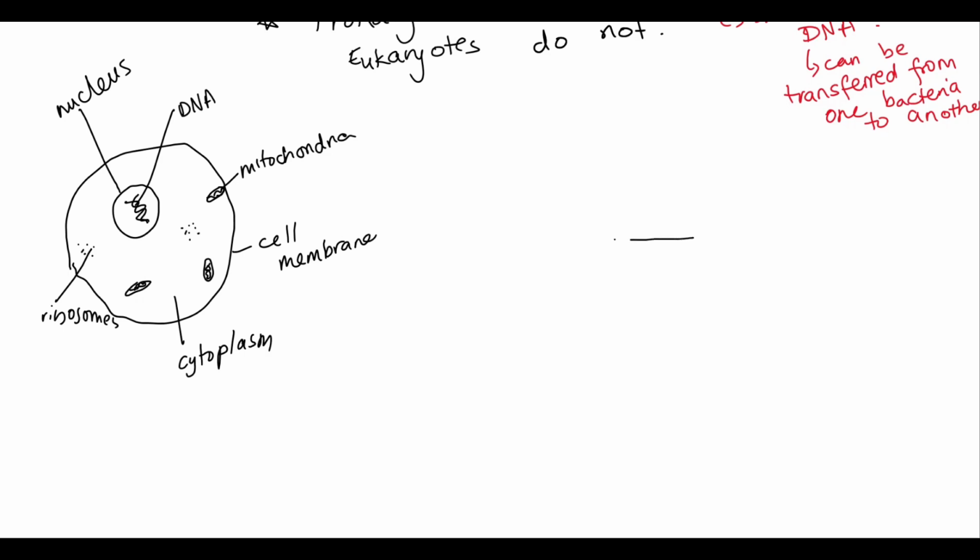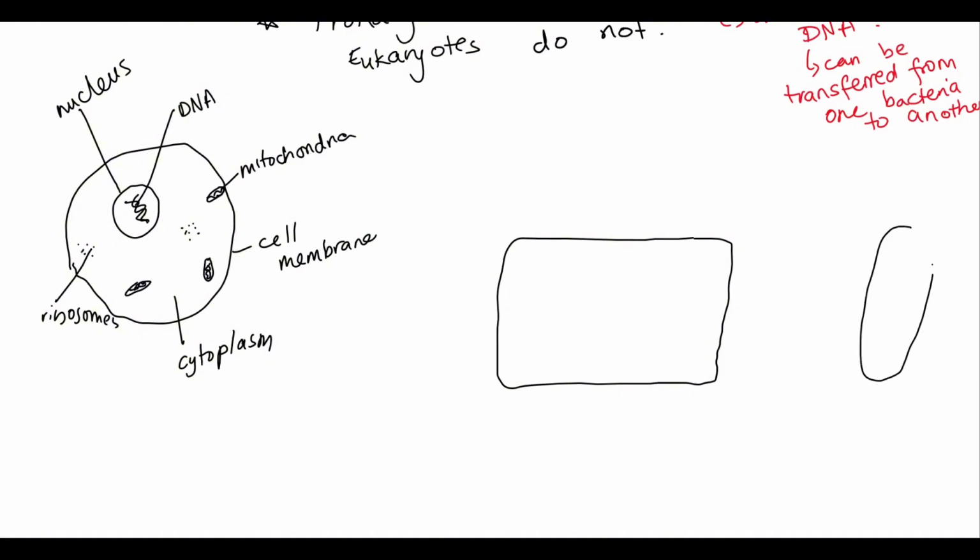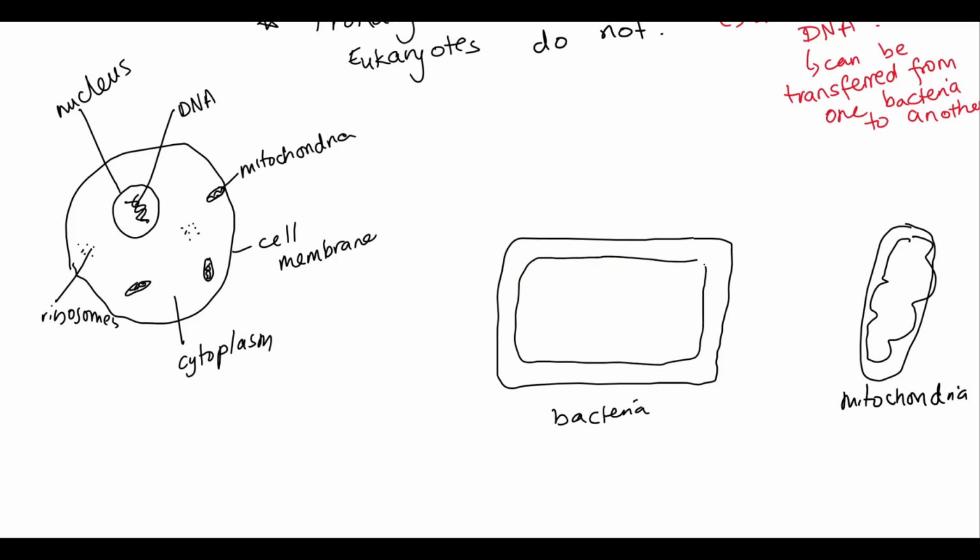Now a bacteria cell, right? The size of that mitochondria is the same size as this bacteria. So remember that, right? That's our mitochondria, and this bacteria are very similar in size. This bacteria has a cell wall, and then it has the cell membrane inside it.